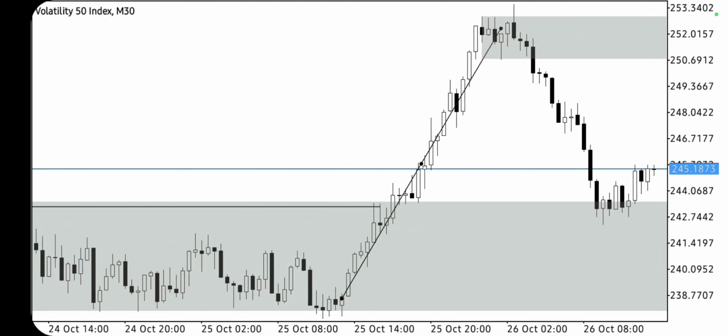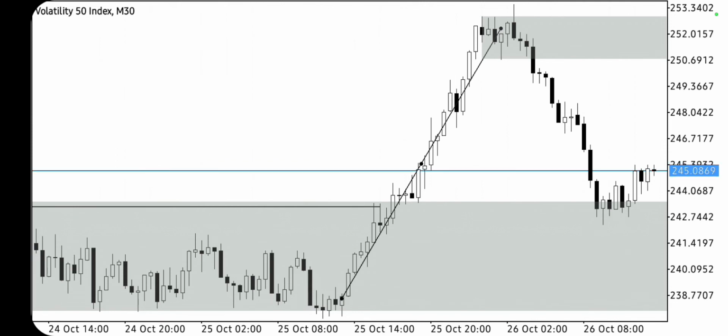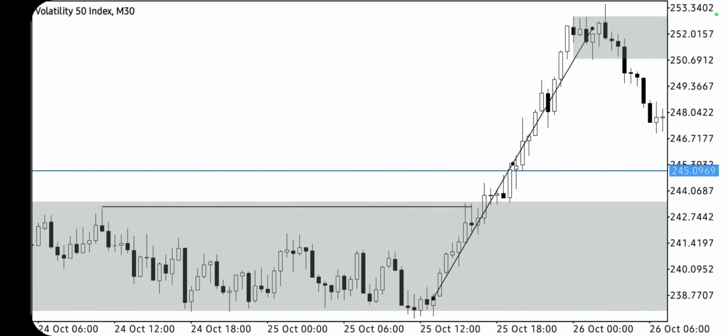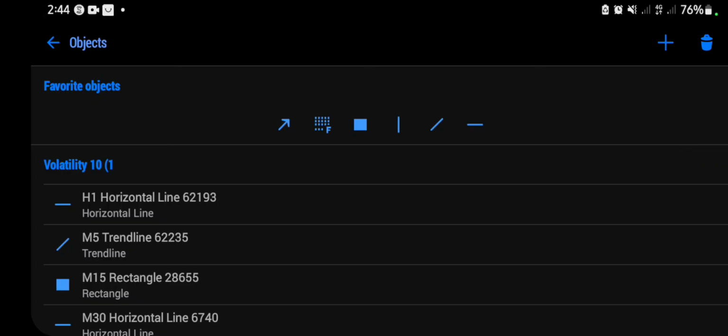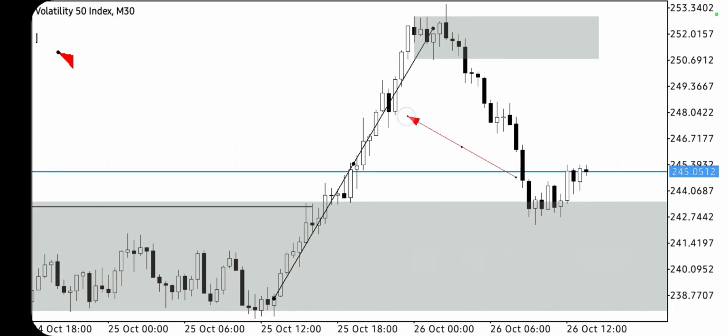I'm marking out just the demand zone simply because I already know the trend of the market, so I'm not going to settle for the market to deceive me. So what I'm just looking out for is the demand zones. And you can also see here, immediately we had this range area broken out.